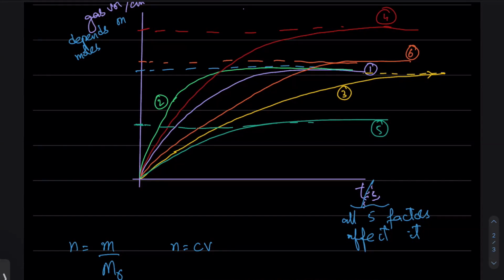In this graph between first and sixth, sixth is slower. That means temperature, surface area, pressure, concentration, ये सारे के सारे इसमें कम है compared to first, क्योंकि first तेज है. But at the same time, sixth is producing more volume. That means sixth has greater moles.